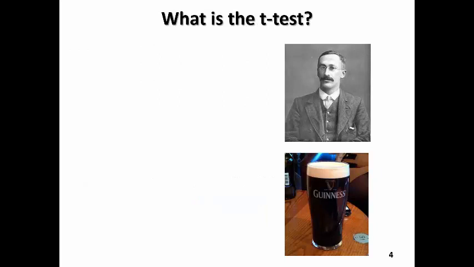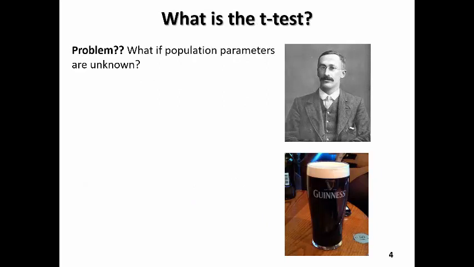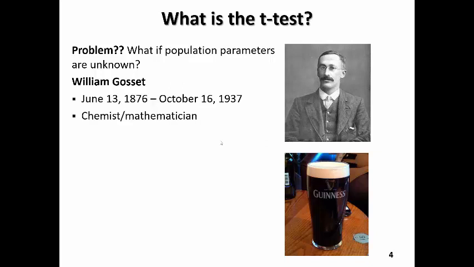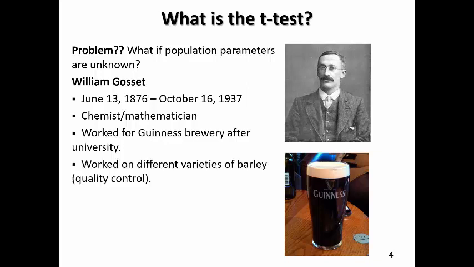Now, to understand the genesis of the t-test, the t-test was developed by a scientist by the name of William Gossett, pictured here on the right hand side. And William Gossett was a chemist and a mathematician who, upon graduation in Dublin, got a job working for the Guinness Brewing Company. And his job was in the area of quality control. So he was carrying out experiments inside the Guinness Company to determine ways to produce better tasting beer.